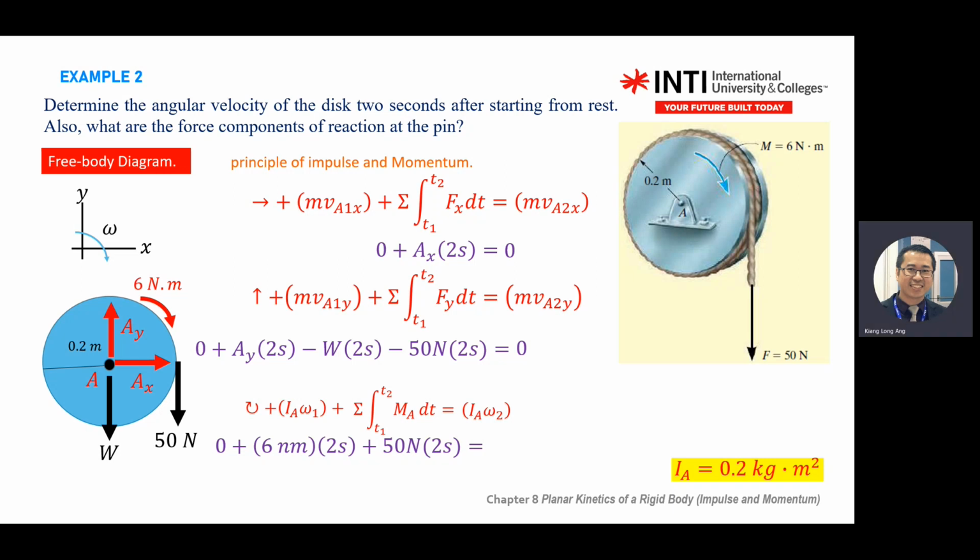So there's something missing in my answer here: 0.2 times the time. Then omega 2, IA you already calculated, 0.2. Then the rest, solve for the remaining unknown.